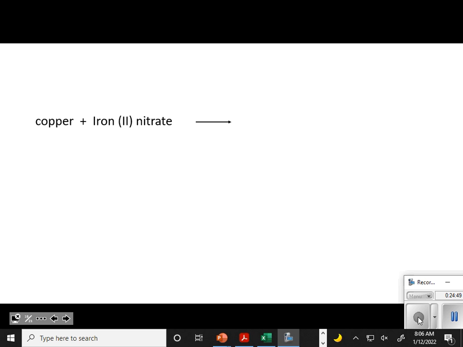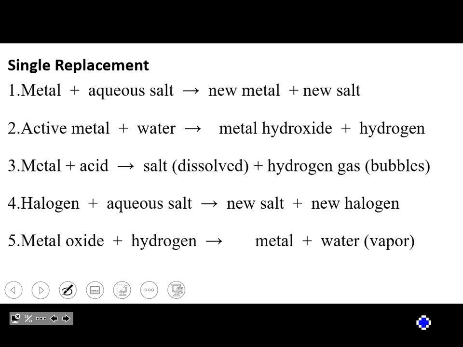I have copper reacting with iron nitrate. As I look at my single replacements, a metal and an aqueous salt, yes, I could have that.